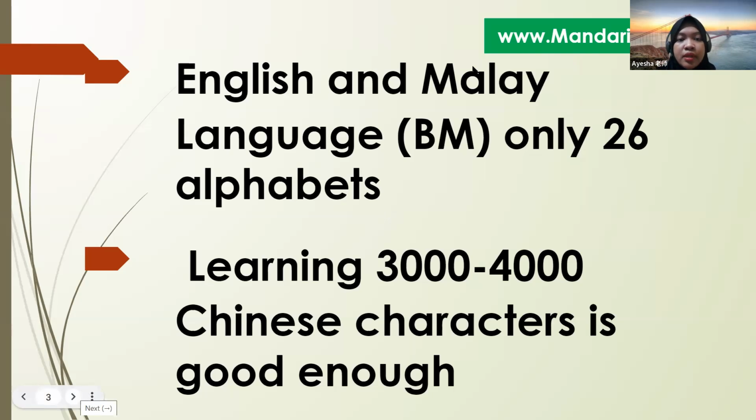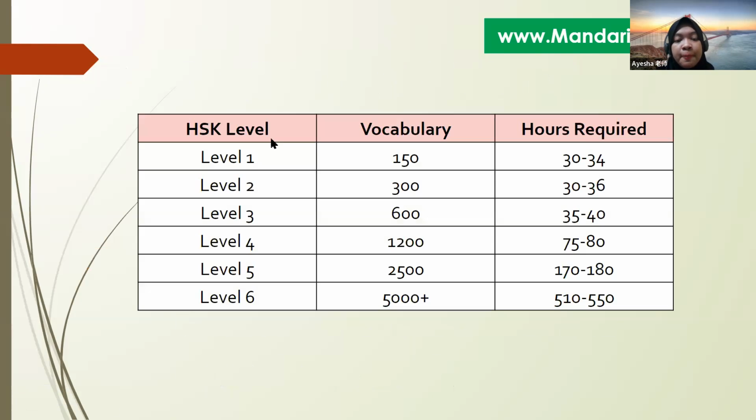Okay, as I was saying, HSK level. HSK level 1 is actually the lowest level that we can take, and to take level 1, you would need about 150 vocabulary. To master level 6 is about 5,000 plus. But from my personal experience, I don't think I knew 5,000 plus.